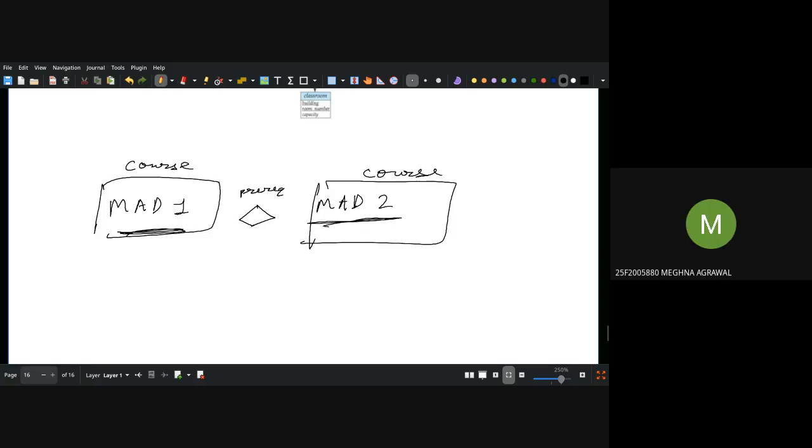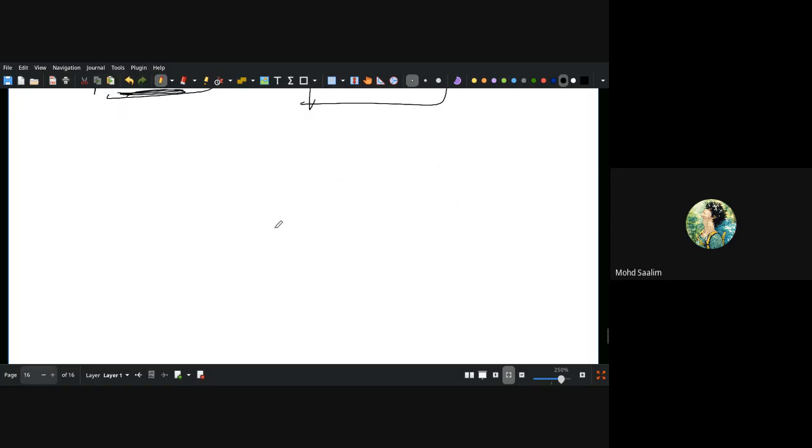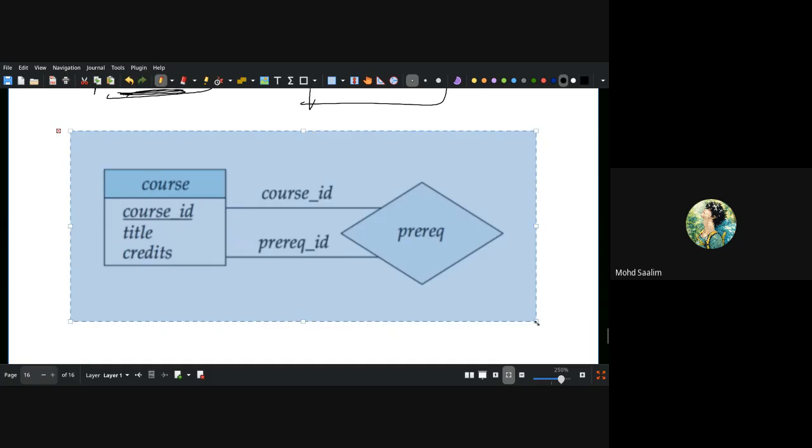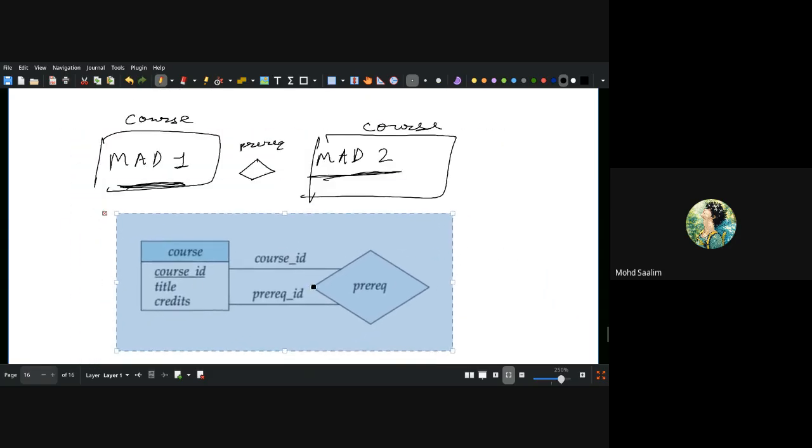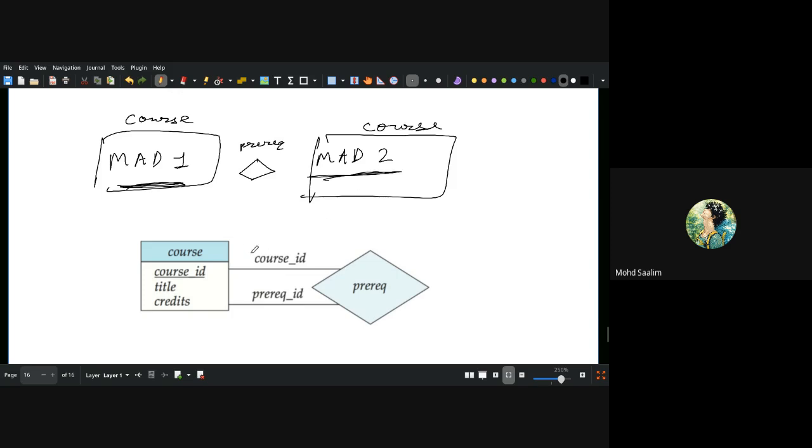Right. Yes, sir. So in DBMS, in an ER diagram, how do we show these types of relationships? Now we are going to understand that. We show it something like this, and this will be kind of weird to understand, but we use something called roles.